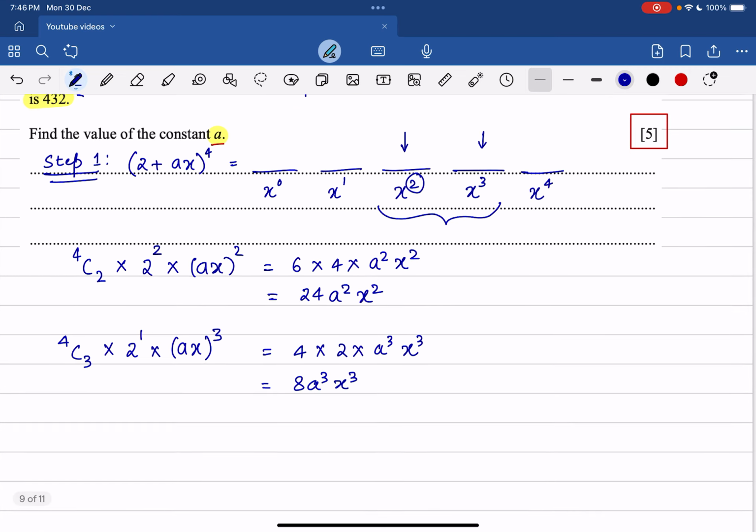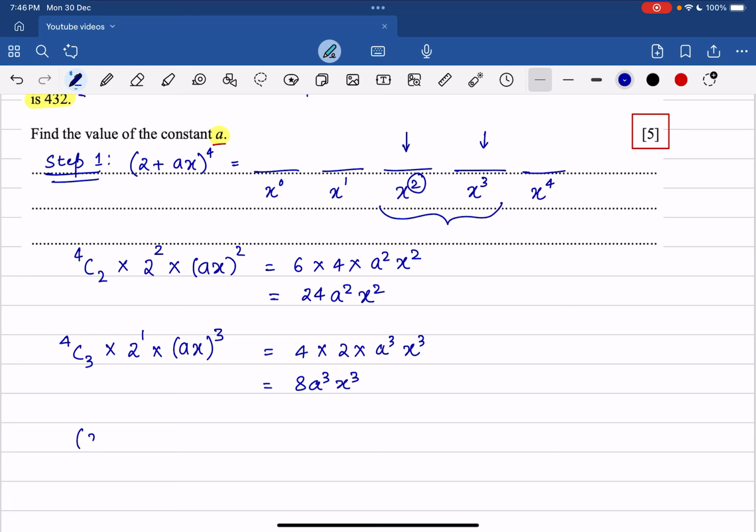Now, as my final step for this expansion, (2 + ax) the whole raised to 4 can be written as dot dot dot plus 24a²x² plus 8a³x³ plus dot dot dot. I'm only going to write the terms which I am interested in and skip the other terms that are not required.